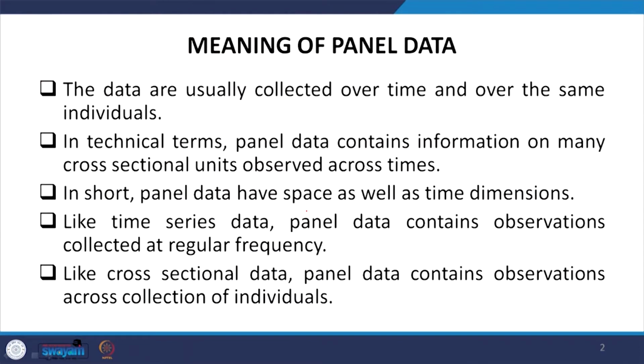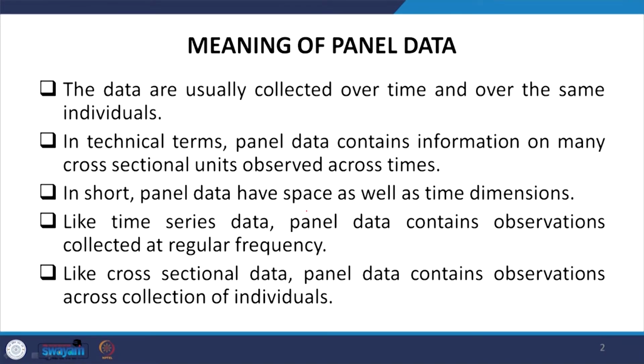Panel data is usually collected over time and over the same individuals. So, the individuals represented over different times and their responses over time are discussed in the panel data approach. In technical terms, panel data contains information on many cross sectional units observed across time. So, in short, panel data have space as well as time dimensions.